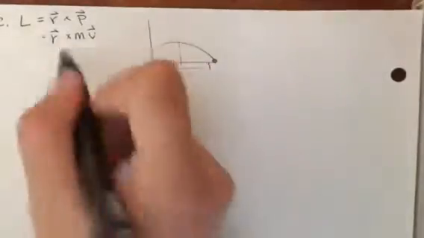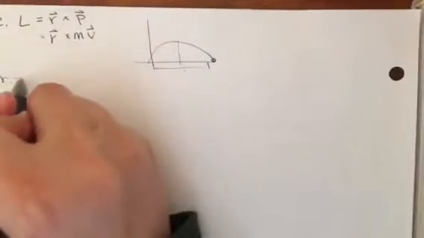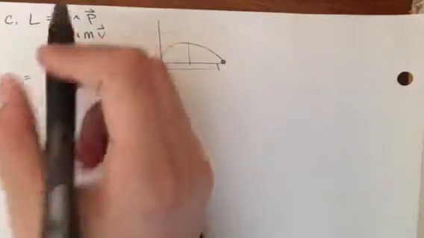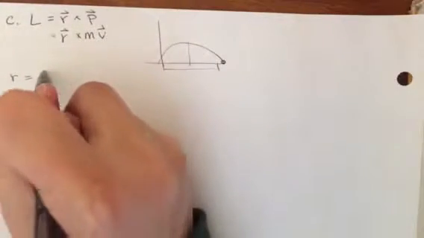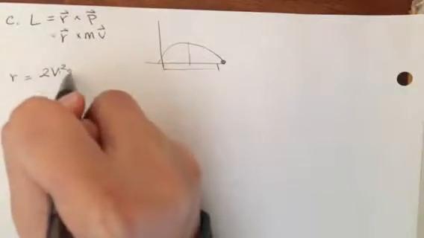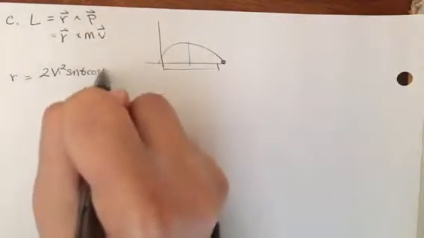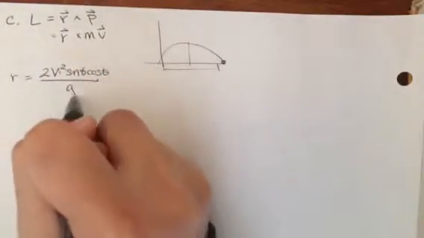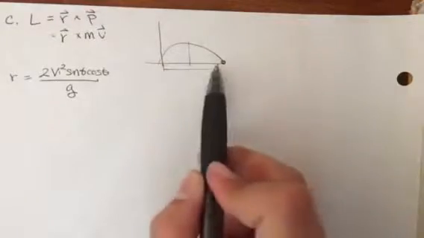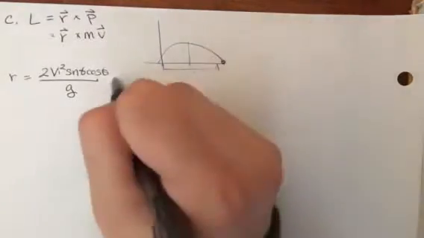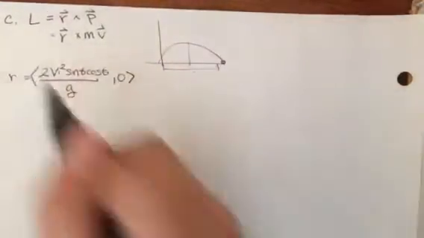So your r would be equal to 2 times vi squared sine theta cosine theta over g. But your y from here to there is 0. The change is 0. So this becomes your r vector.